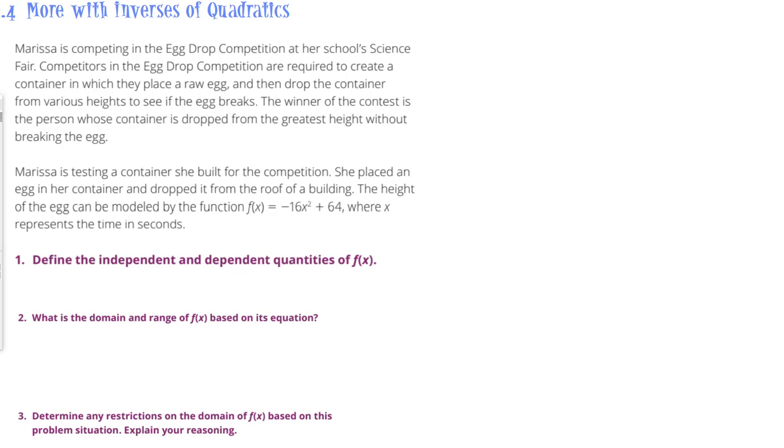Okay, so Marissa is competing in the egg drop competition in her science fair. It is required to create a container, which they place the egg in, and they're going to drop it. She knows, based upon formulas, that she's dropping it from 64 feet. And so she knows the function is negative half the acceleration of gravity times t squared plus your starting point, 64.